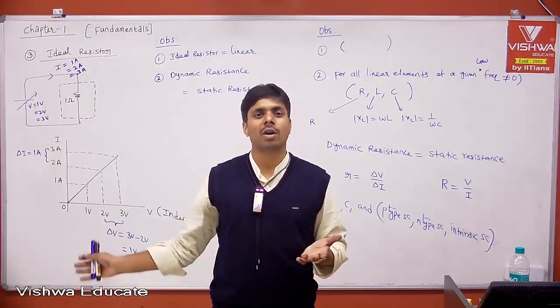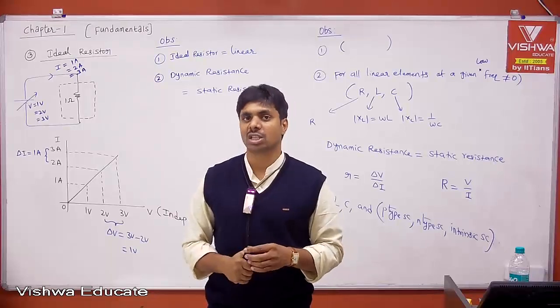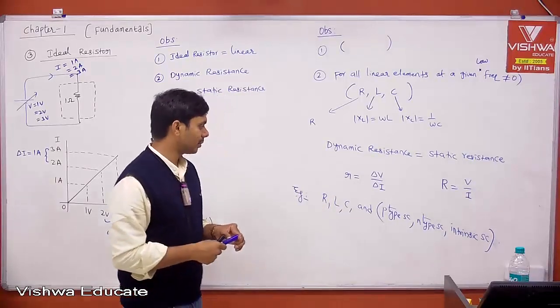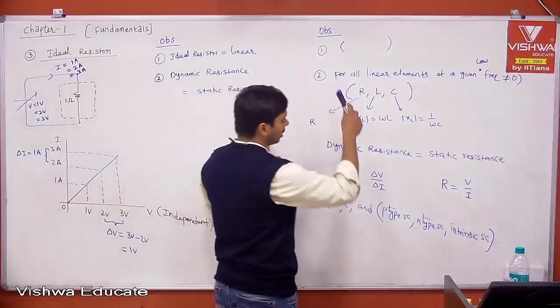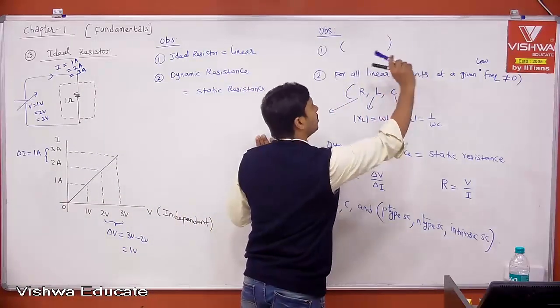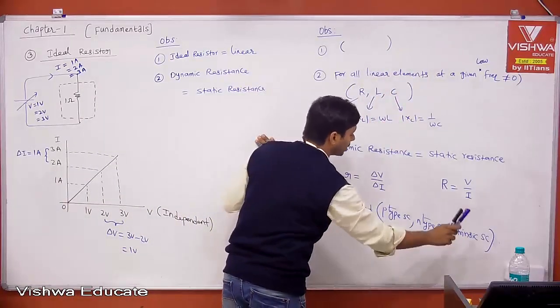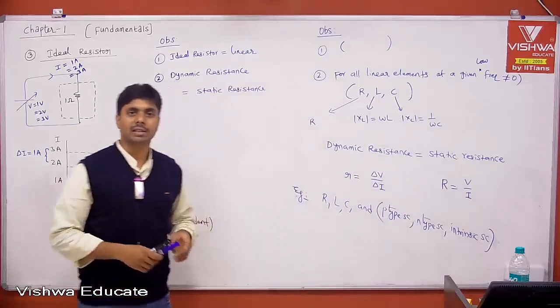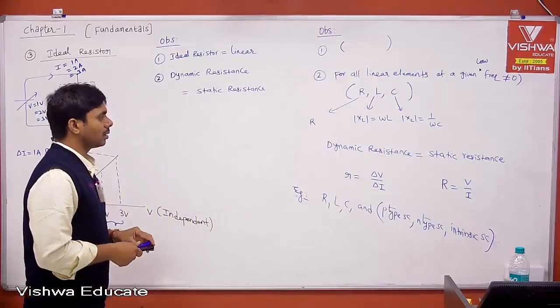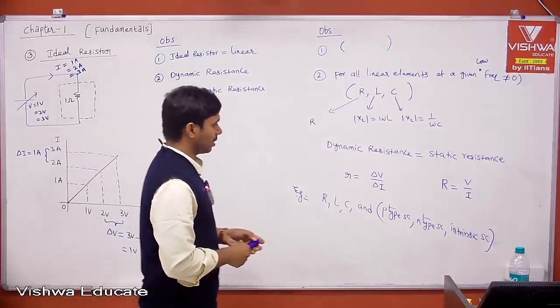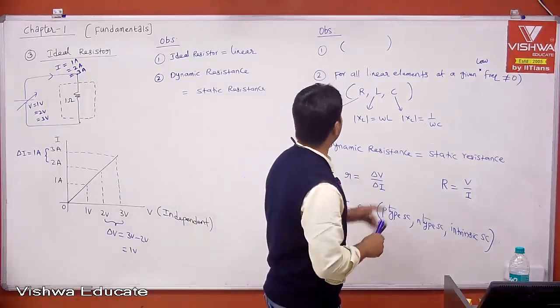Therefore, all are non-linear if there is a PN junction in the path. Okay? Just to differentiate, I told here all semiconductor devices with PN junction are non-linear, and all semiconductor devices without PN junction are linear. Therefore, these are all the observations.